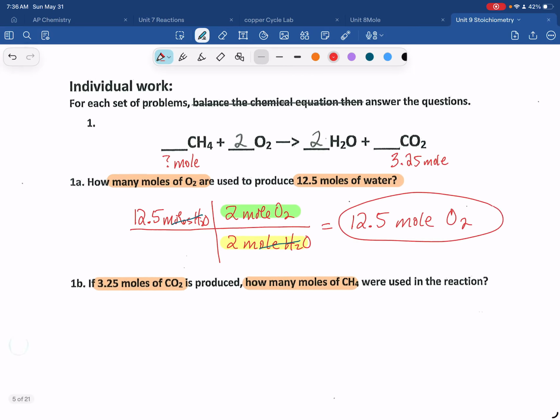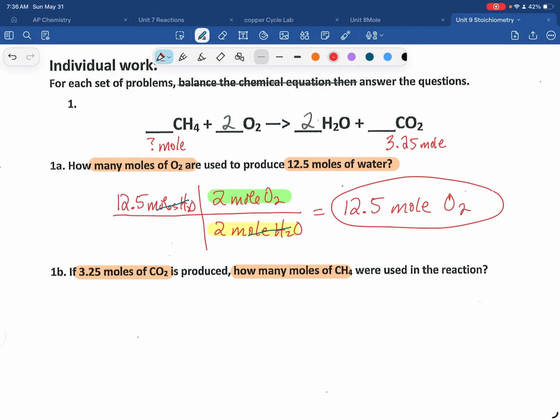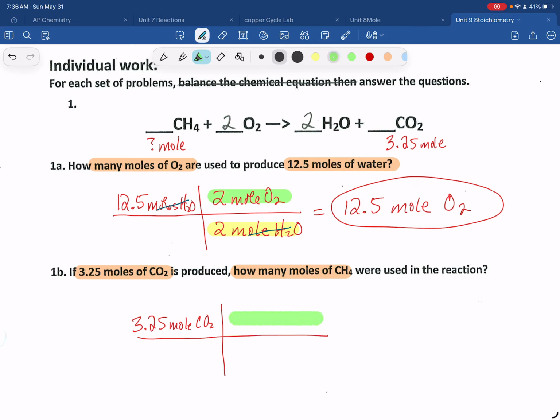Okay, so now when we set up our train tracks, our starting number is 3.25 moles of CO2. That's going to go there. Now, what we're looking for goes on the top, so that's CH4, and what we started with goes on the bottom, that's CO2. So we're looking for CH4.